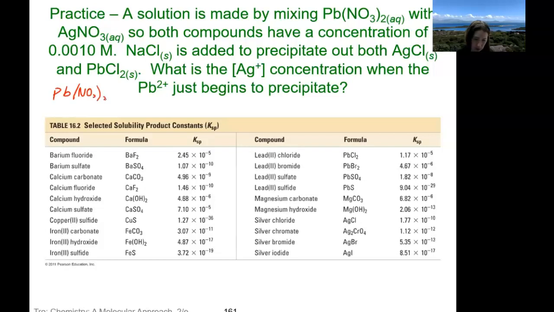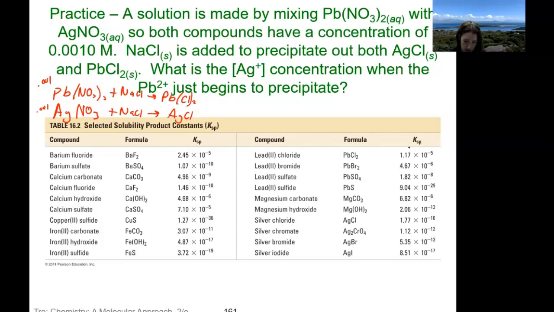PbNO3 2, and we have AgNO3, right? And both these are 0.001. So NaCl is added, sorry, it's really messy, to make PbCl2. I'll have this neater on the next slide. And NaCl is added to make AgCl, right? Both of those are solid.